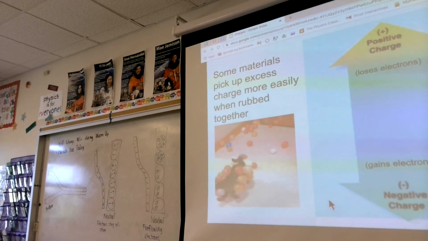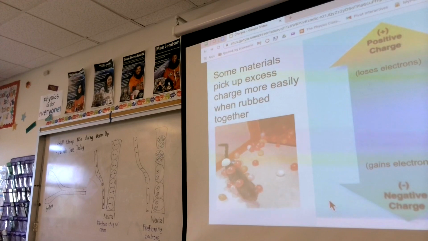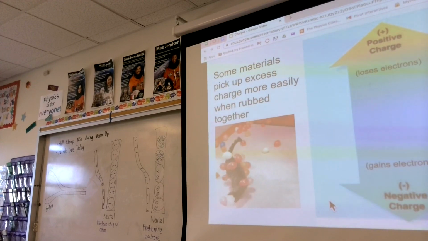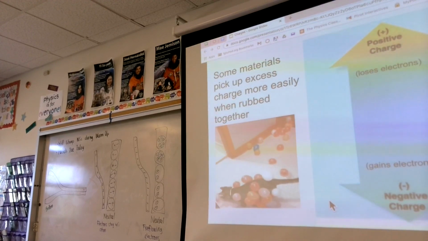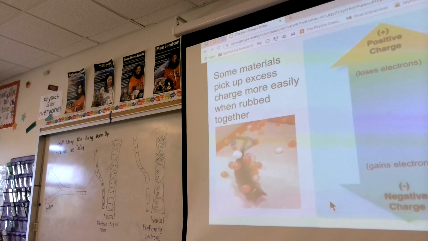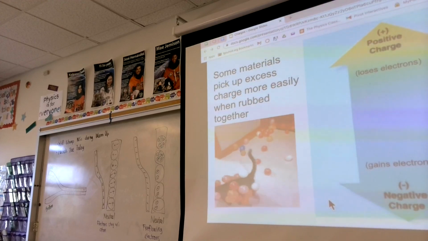So here we talked about the order in which objects either absorb electrons versus get rid of them. And this is something that you're going to look at in your homework today.